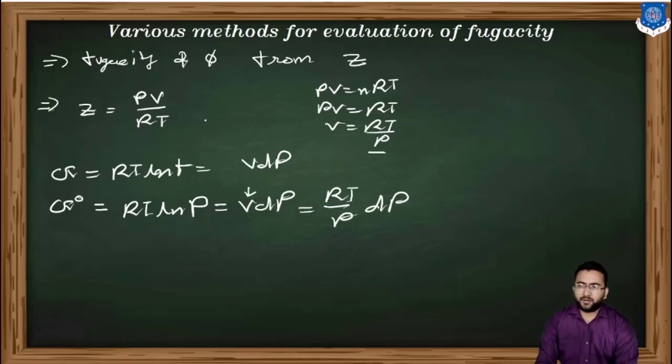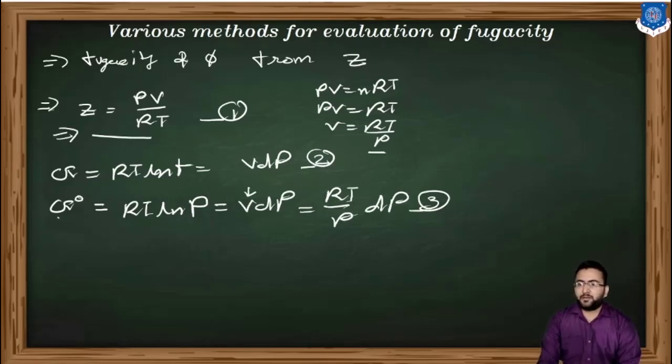So this becomes our equation number 1, this is our equation number 2, and this is our equation number 3. Equation number 1 represents compressibility factor. Equation number 2 is for the Gibbs free energy for the real gas, and equation number 3 is for the Gibbs free energy for the ideal gas.